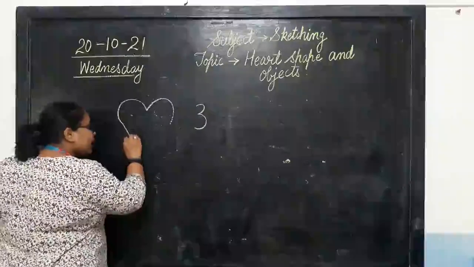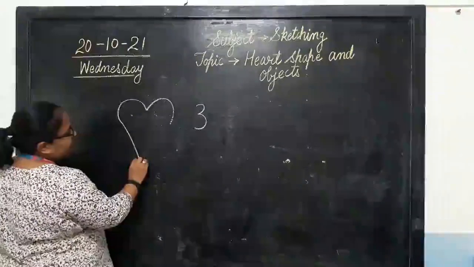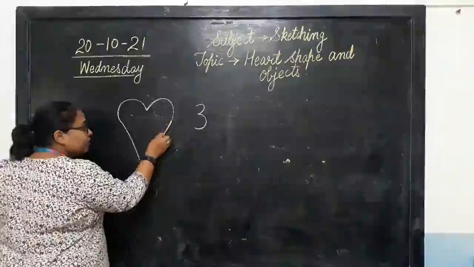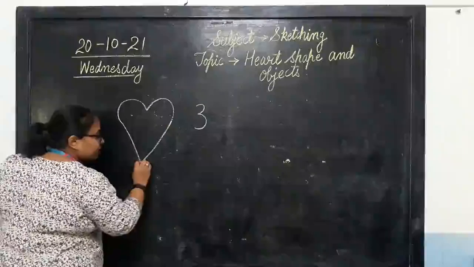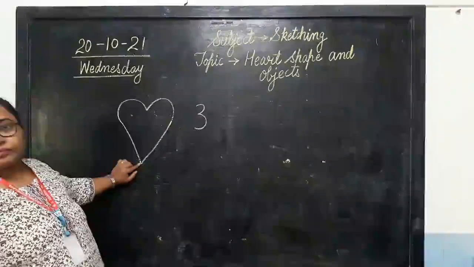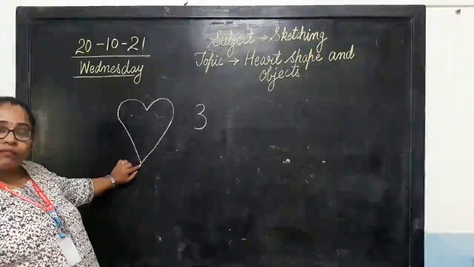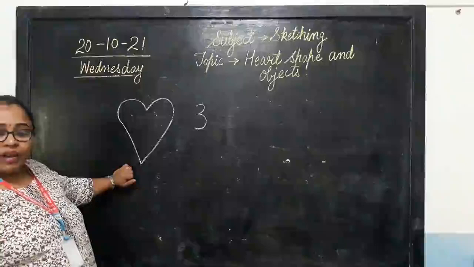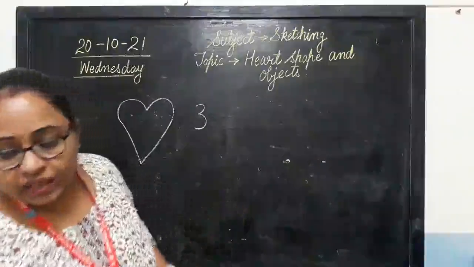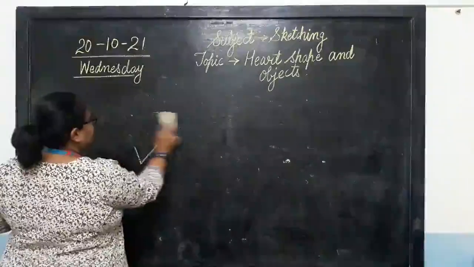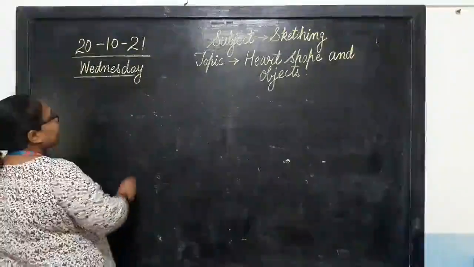Now what you have to do? You will make one slanting line towards your right hand side, and from here you will make a slanting line towards left hand side, and they will join. यहाँ पे जहाँ मीट कर रहे हैं वहाँ उन दोनों को जोड़ना है. Understood? Let's see it once again. सबसे पहले क्या किया?